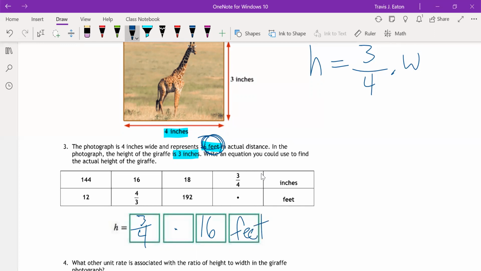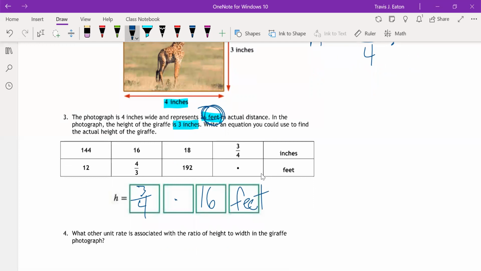There was another way you could have done this. For example, maybe you know that 16 feet is the same thing as 192 inches. So you could have also said that the height is equal to 3/4 multiplied by 192 inches, if you wanted it measured in inches. Either way, it's fine.